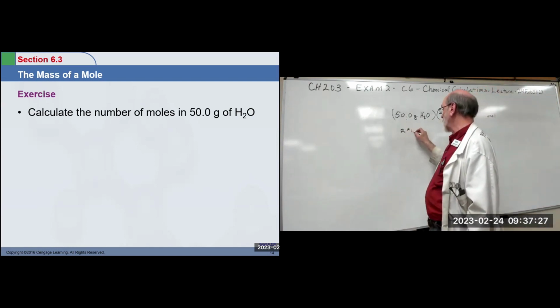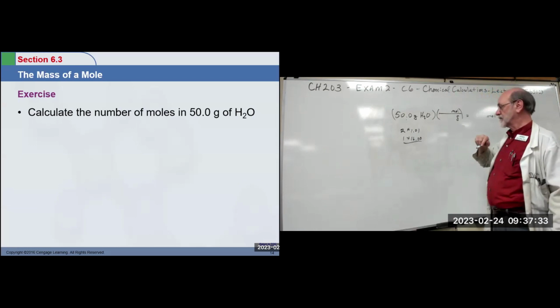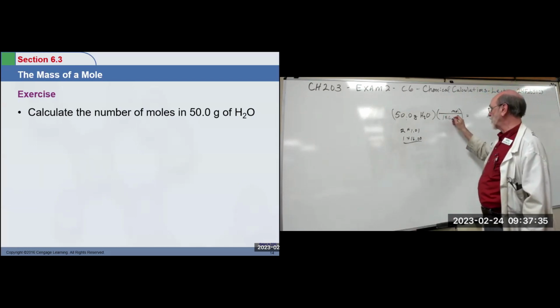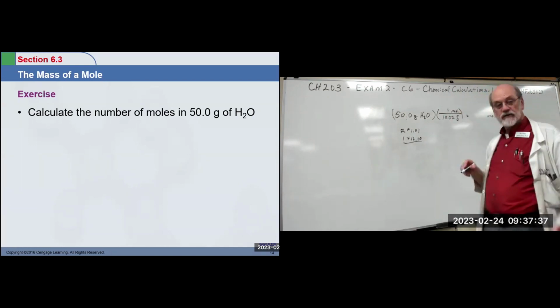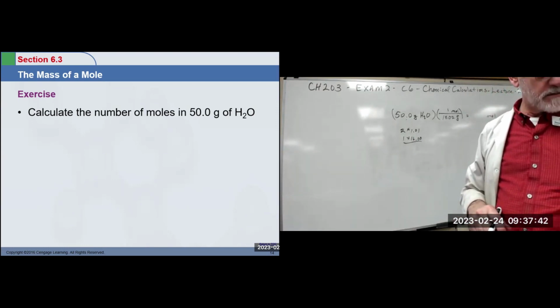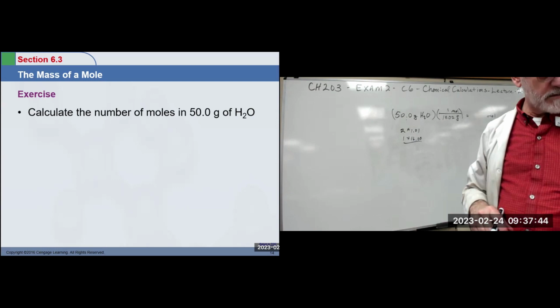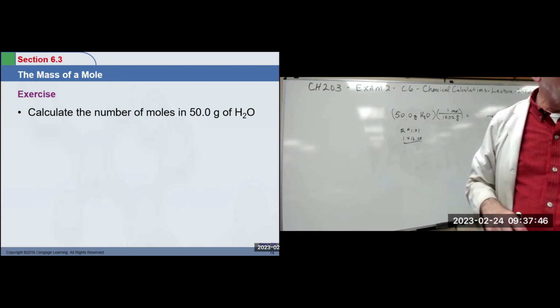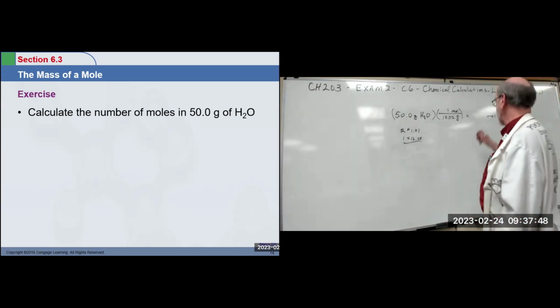Well, 2 times 1.01 for the hydrogen and 1 times 16 for the oxygen. That's 18.02. Okay. So we divide 50 by 18.02. And we get 2.7747.